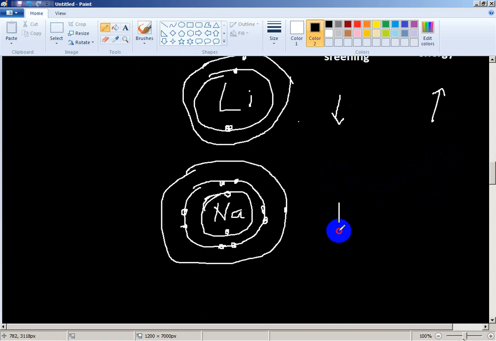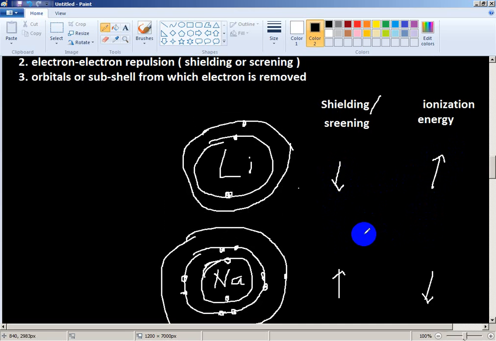More shielding, less ionization energy. Have you understood this? Yes, sir.